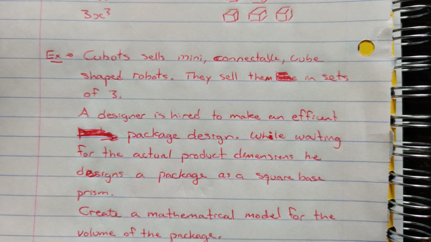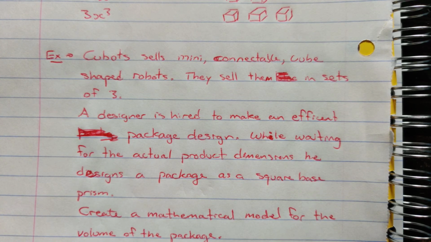Anyways, Cubots sells their cube-shaped robots in sets of 3. And so a designer is hired to make an efficient package design while he's waiting to get the actual product dimensions. They said, we need you to make packaging for our cube-shaped robots.